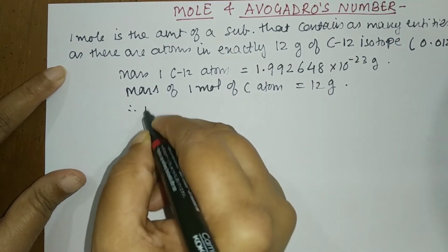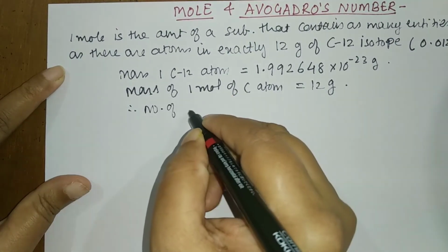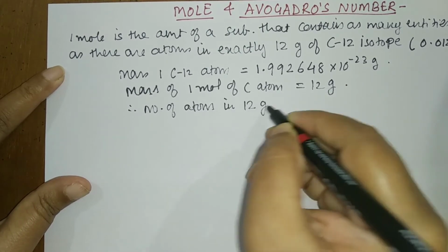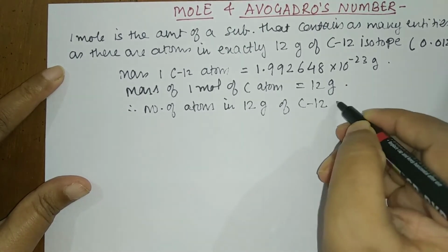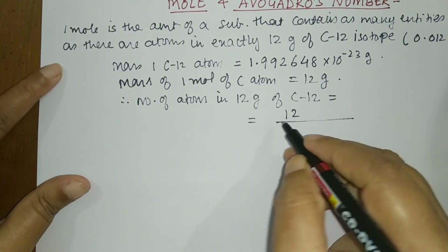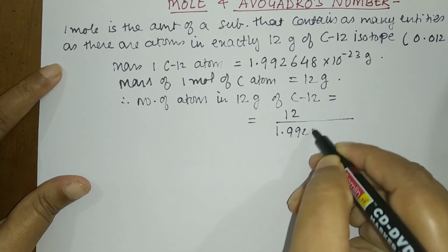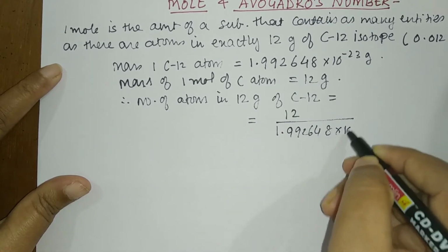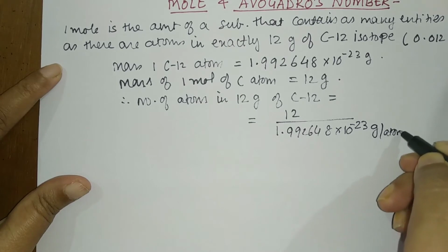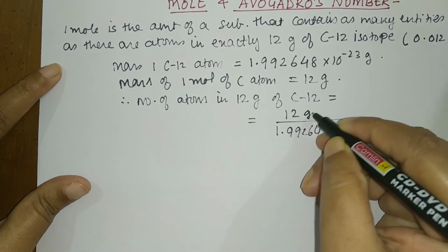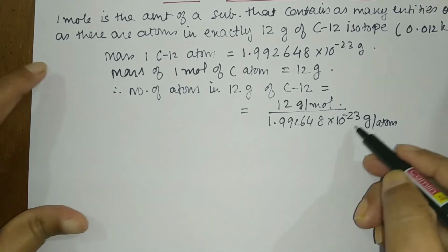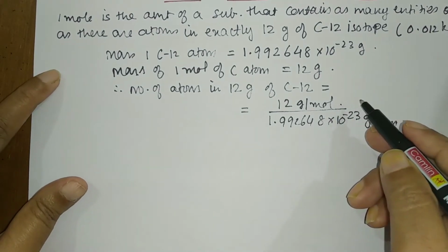Therefore, number of atoms in 12 gram of carbon-12 is how much, student? It will be 12 divided by 1.992648 into 10 raised to minus 23 gram per atom. Now this is per gram per mole. Now students, if I take this minus 23 up, it will become 10 raised to 23.